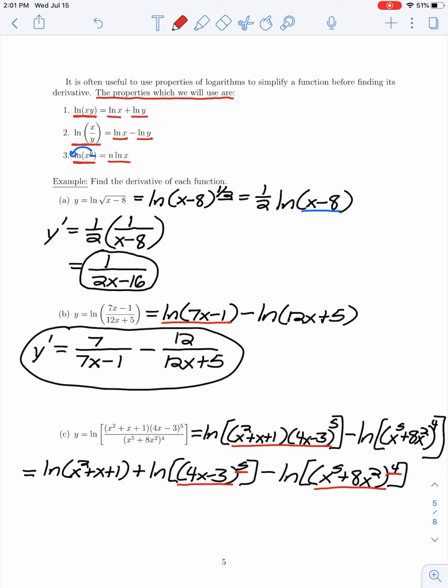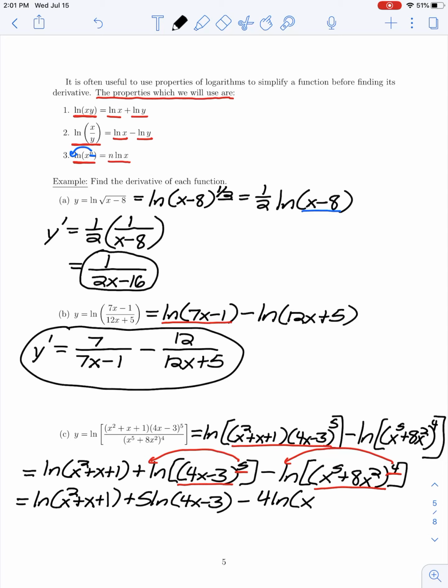So as we did in part A, these powers I can bring out in front of these logarithms, and I have my initial term, natural log of x squared plus x plus 1, plus 5 times the natural log of 4x minus 3, minus 4 times the natural log of x to the fifth plus 8x squared.